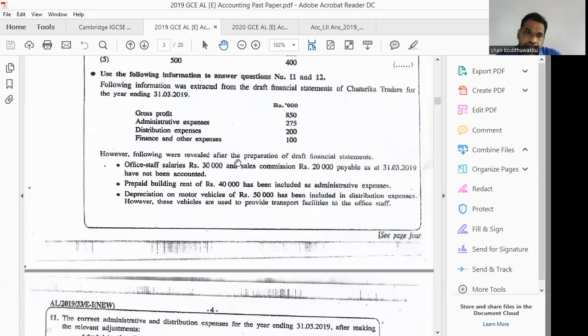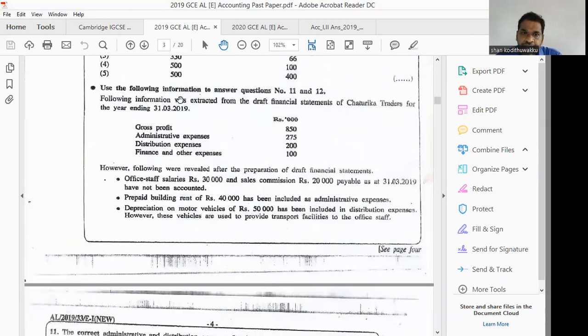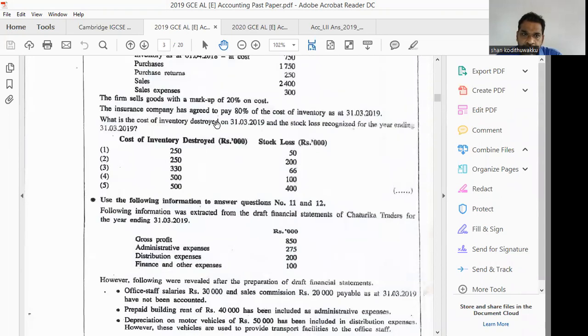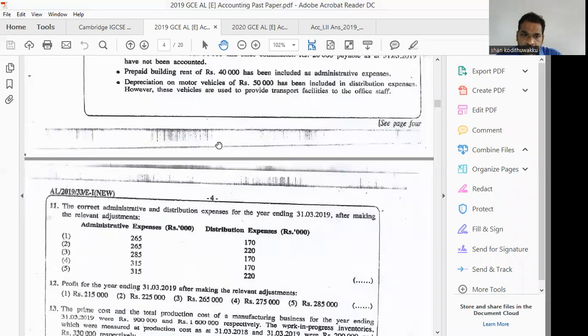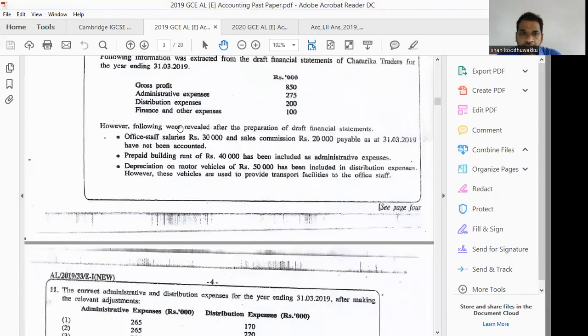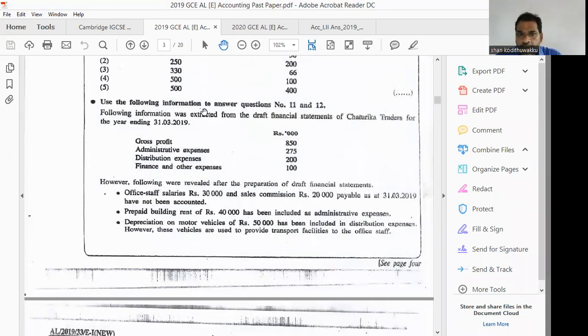Use the following information. Question number 11, use the following information to answer question number 11 and 12.